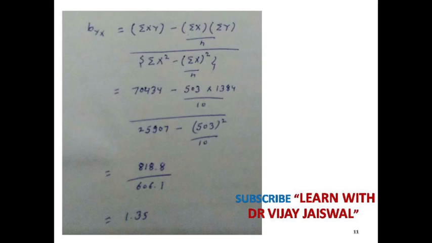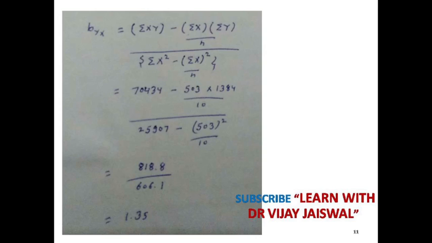So we will need different values. First is summation xy, second summation of x separately, summation of y separately, summation x square, and under bracket summation x and then square.